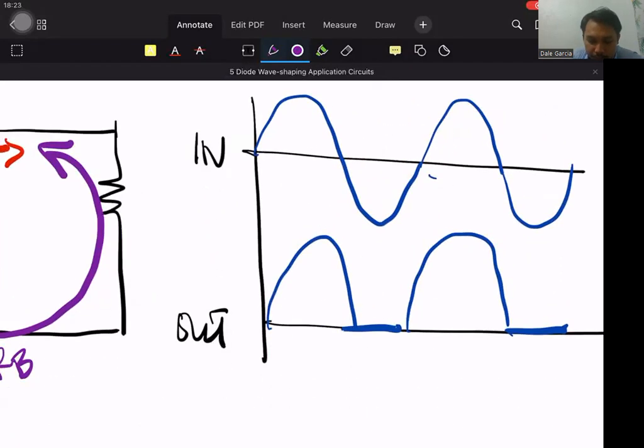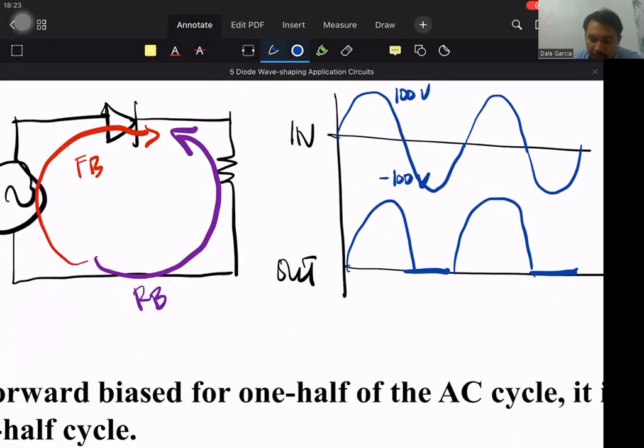Let's look at it this way. Let's say for example, our diode is 100 volts positive and 100 volts negative in this direction. Negative 100 volts. So believe it or not, the positive 100 volts, because it's forward bias, it will just pass through, no problem.